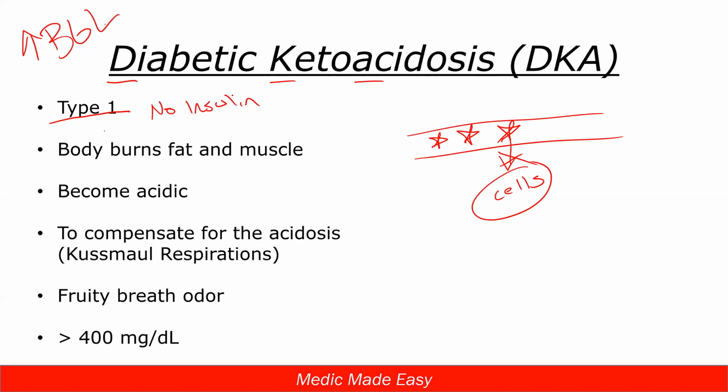Plenty of sugar, but we can't use it. And so body says, okay, well, we can burn off fat and muscle. It makes a little bit of energy. It doesn't make as much energy as if we had a good amount of sugar that we could use and a good amount of oxygen, we can make way more energy. Right? But since we can't utilize that sugar, we have to have another system.